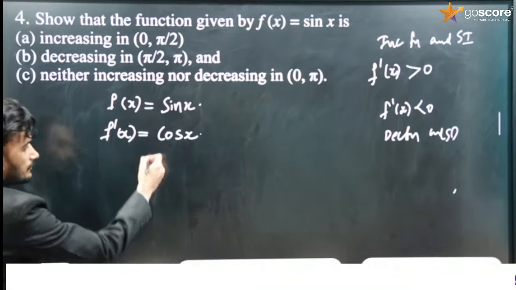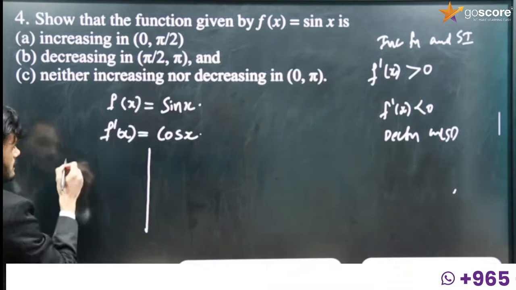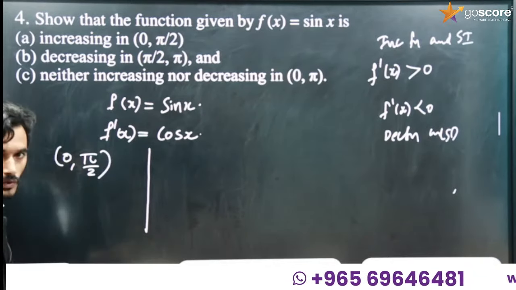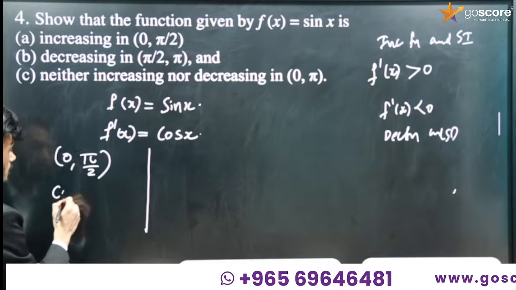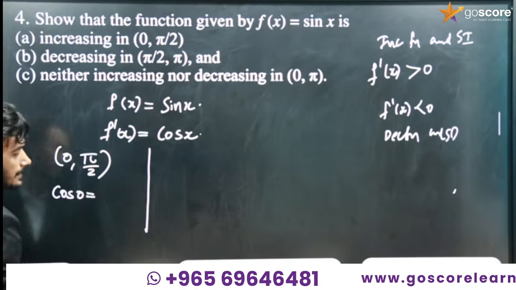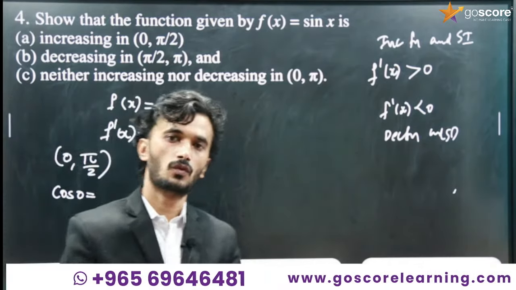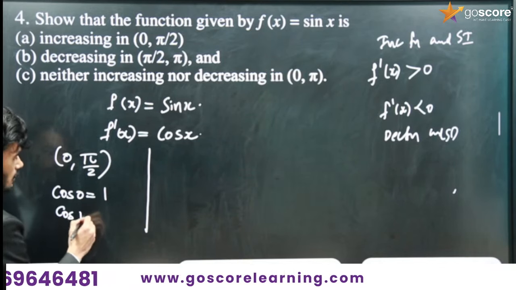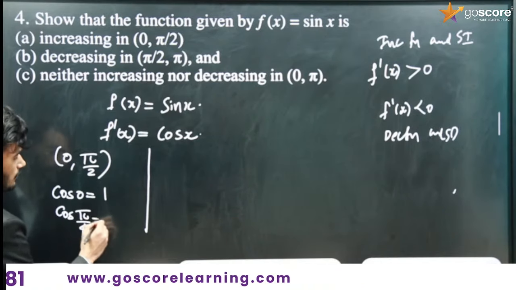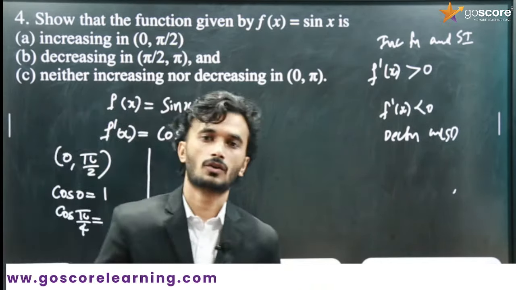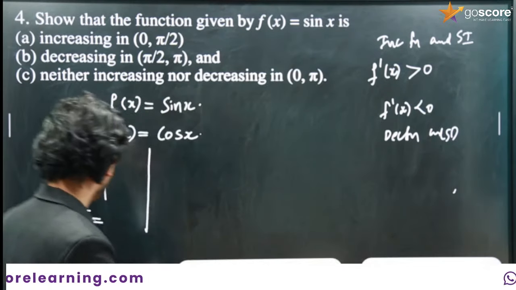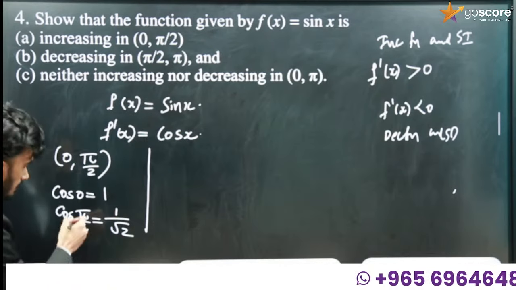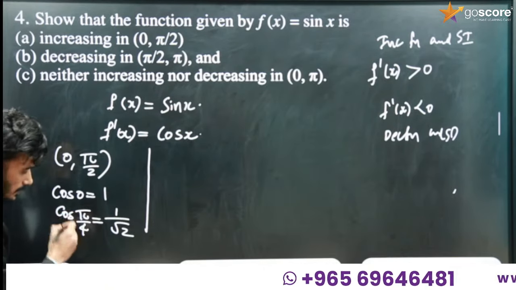Then we will take some values in this limit, 0 to pi by 2. Cos 0 is 1. Next I am taking cos pi by 4, that is cos 45, which is 1 by root 2.